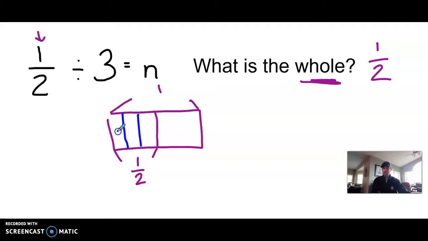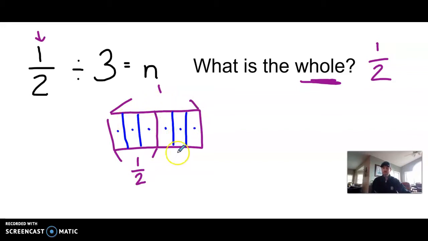And now I have my 1, 2, 3 pieces. And we know with our fractions, we need equal pieces. This part of our candy bar here, or our model, is not in equal pieces. So I'm going to now divide this up into 3 pieces as well. All right, so there's 1, 2, 3.